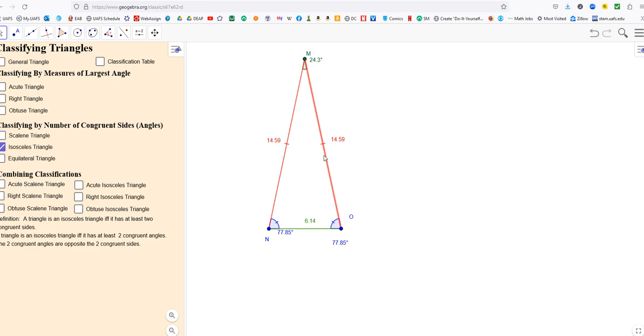Isosceles literally means two sides that are congruent, two sides are the same length. But we could have also said it's two angles that are the same measure. We'll prove later on that it's an isosceles triangle if and only if it has a pair of congruent base angles. The angles opposite the two congruent sides are actually congruent.